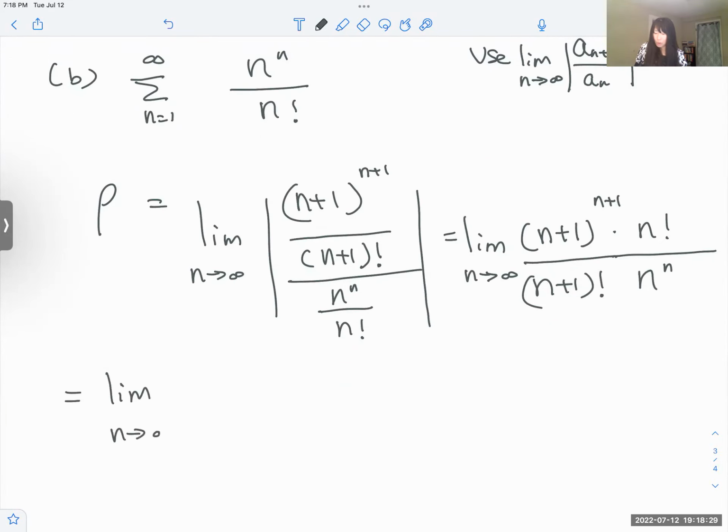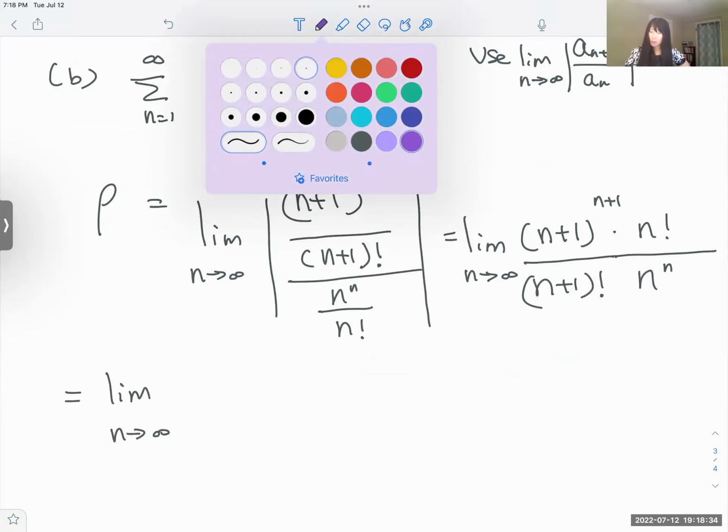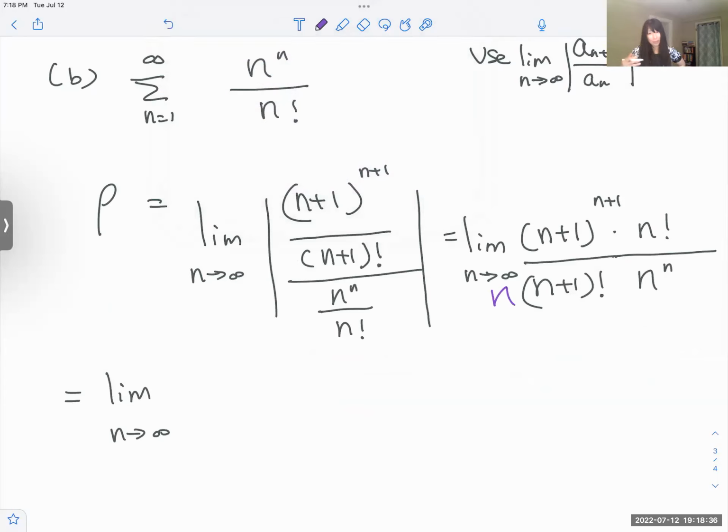When n approaches positive infinity, once again, we have n before n plus 1. So we can simplify.